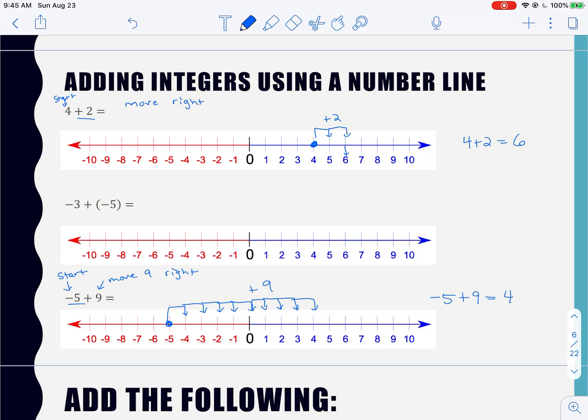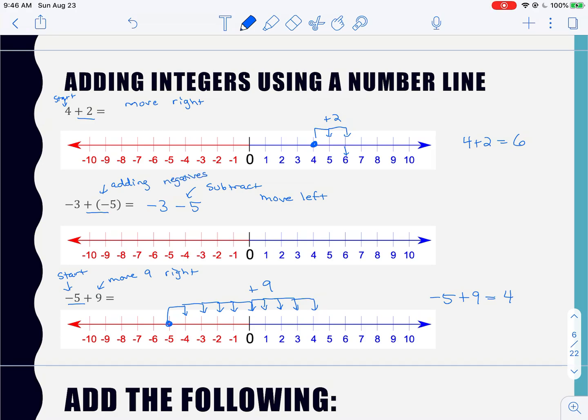If we want to do negative 3 plus negative 5, so when you're multiplying a positive and a negative, you guys might remember it's just going to be a negative. So this is going to be negative 3 minus 5. And so we are subtracting, actually. And so when you subtract, you move to the left. Or if you're adding negatives, you're becoming smaller.